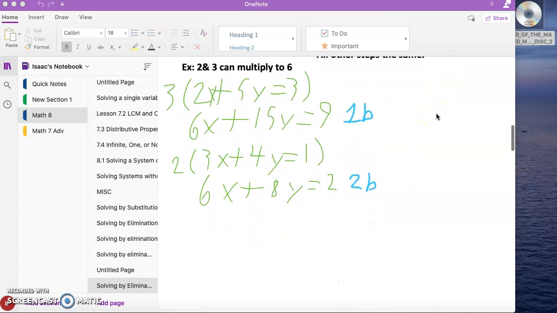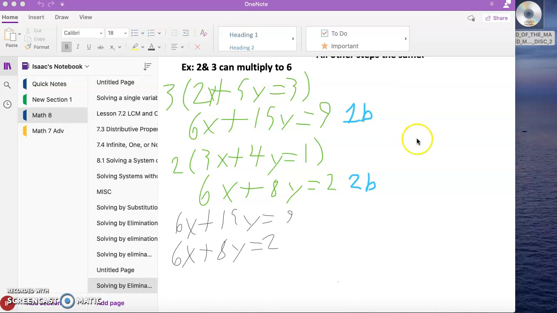Now I'm ready to put them together and add or subtract. So I've got equation 1b, 6x plus 15y equals 9. And equation 2b, 6x plus 8y equals 2.